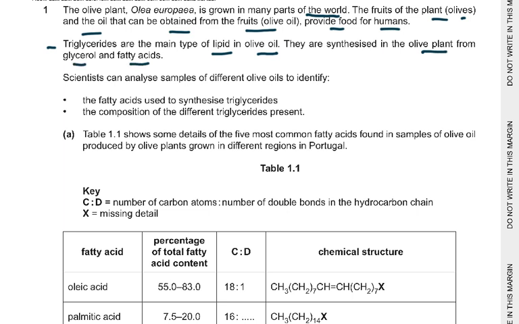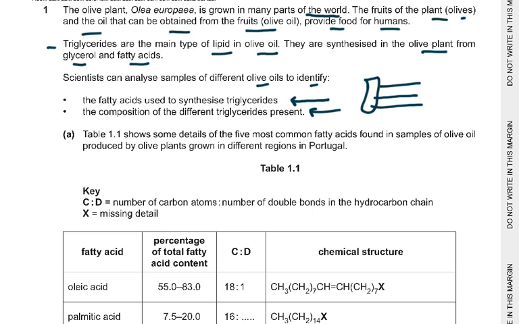Scientists can analyze samples of different olive oils to identify the fatty acids used to synthesize triglycerides. Triglyceride means one glycerol to which three fatty acid chains are attached, and the composition of the different triglycerides present. So they analyze the fatty acids used and the composition of the different triglycerides.